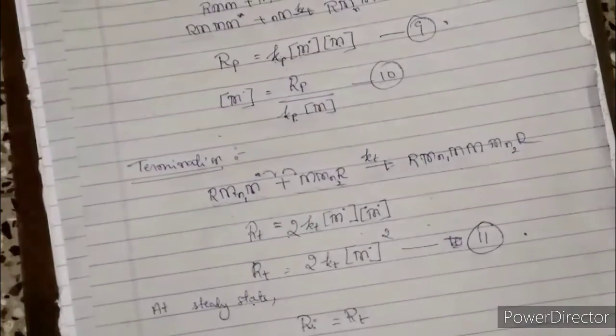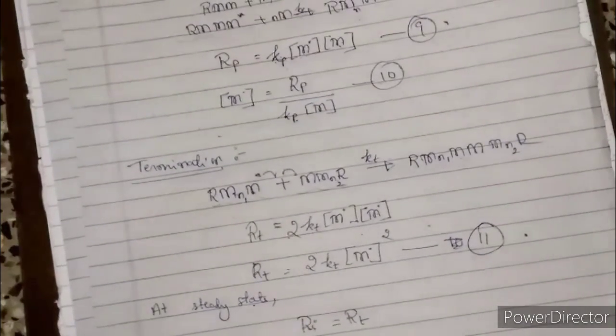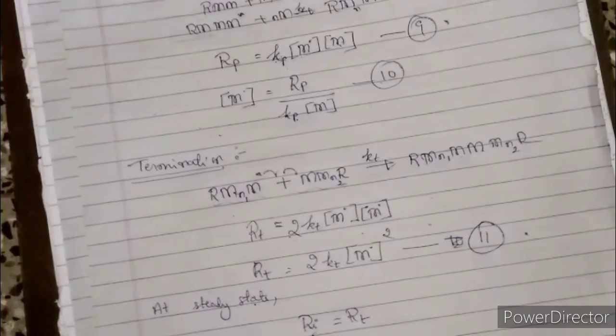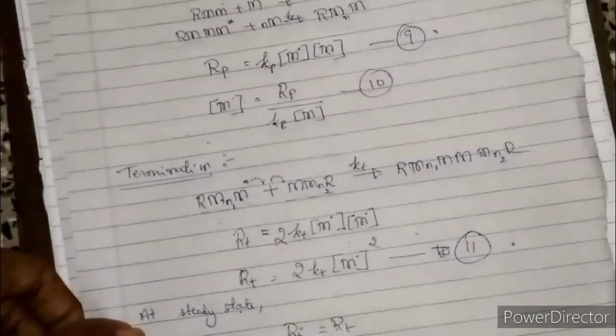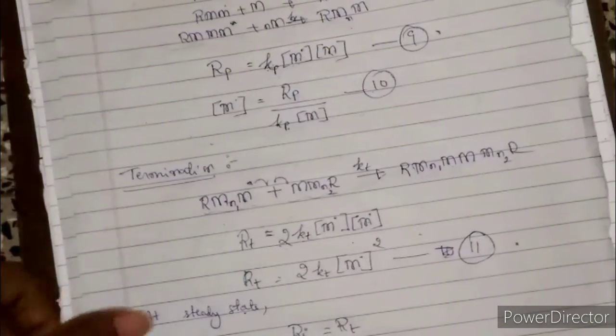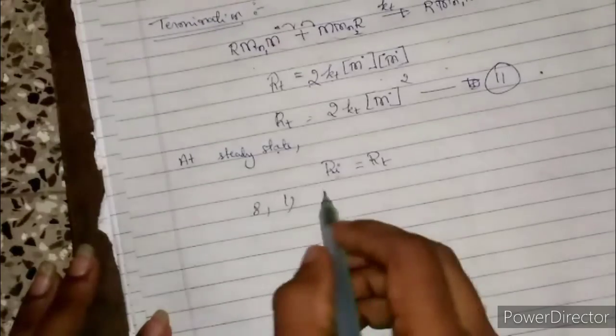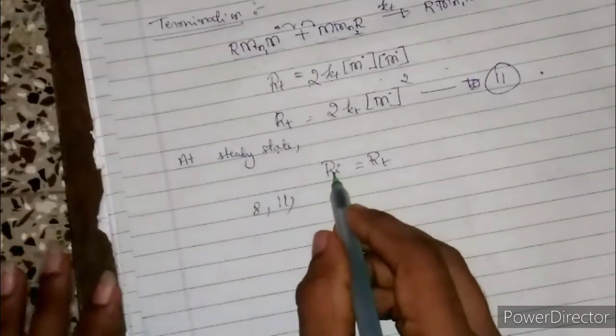So substitute Ri and Rt. We have the Ri equation from equation number 8, and for Rt we have equation 11. From 8 and 11, substitute for Ri and Rt.